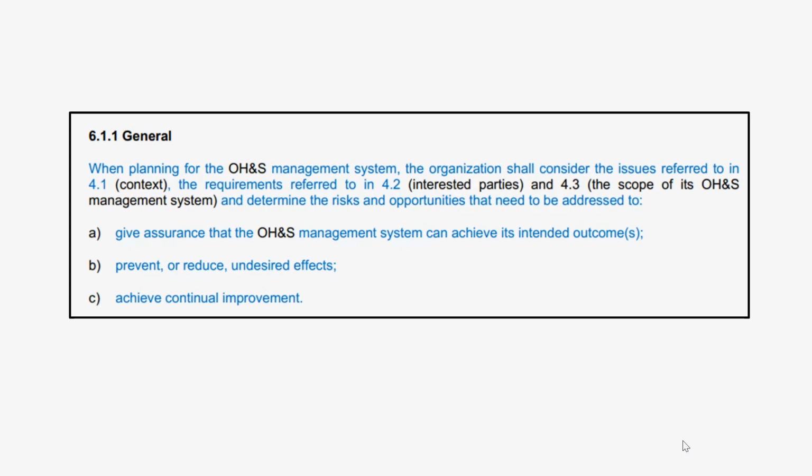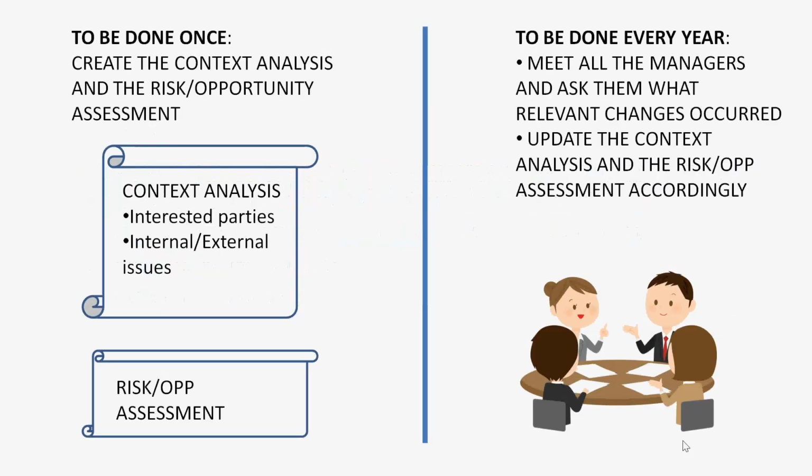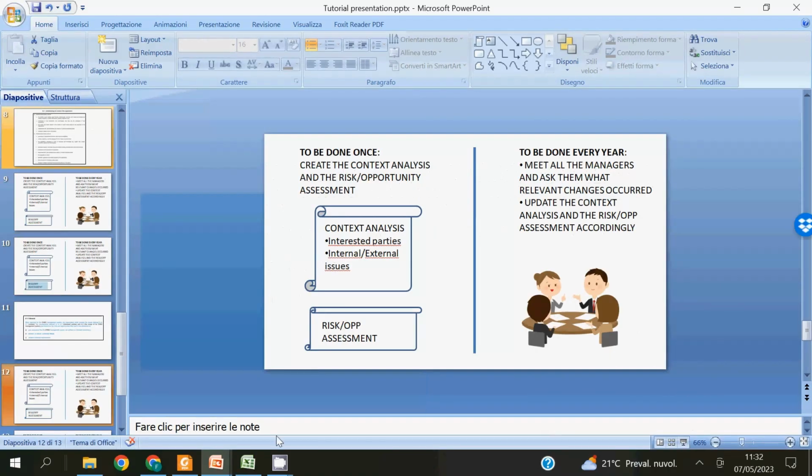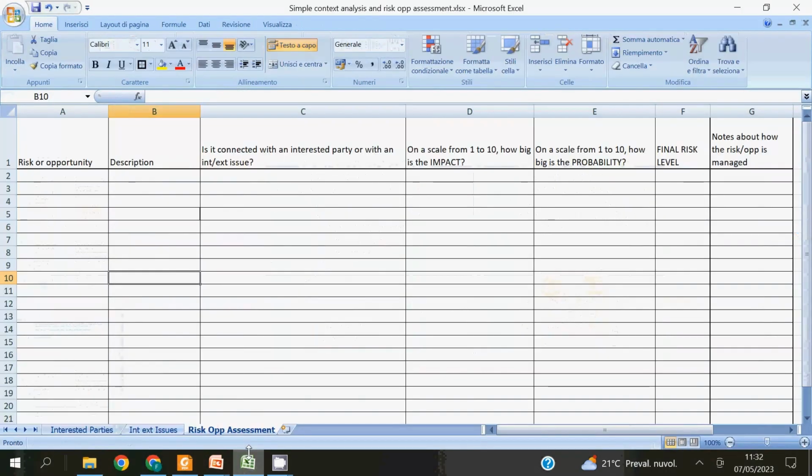So exactly like before, we will open our Excel file. Here you can see that we have different columns. One is risk or opportunity, where we just put the title.